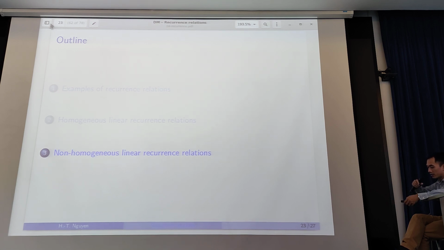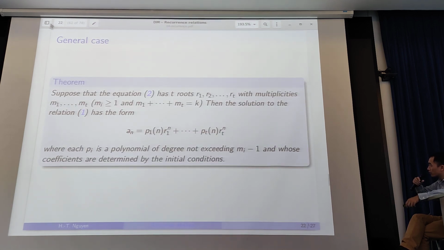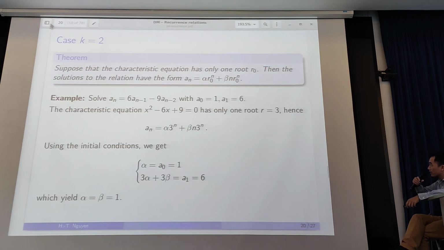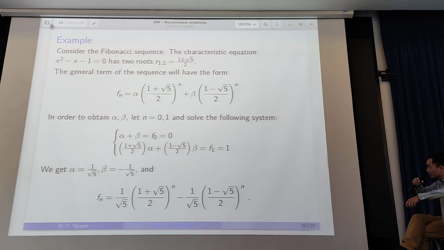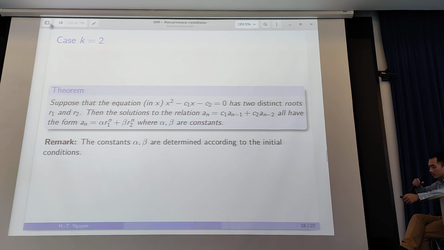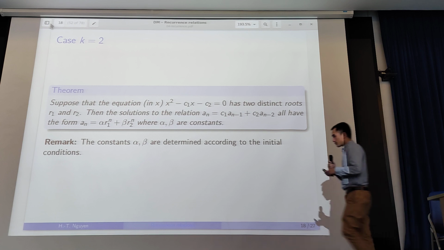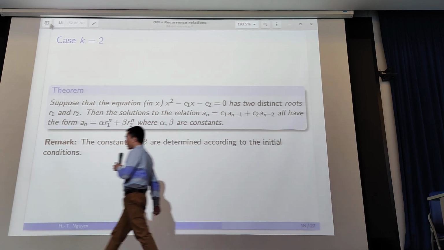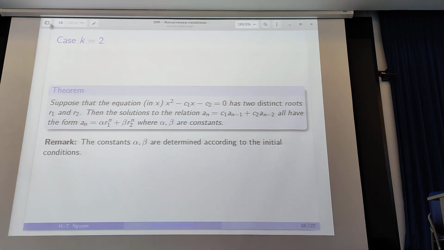In the homogeneous case, you can see that it works because you can verify that you have a solution of this form with two coefficients alpha 1 and beta 1. So let's see why it works.